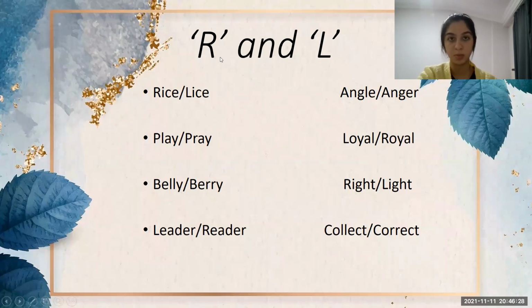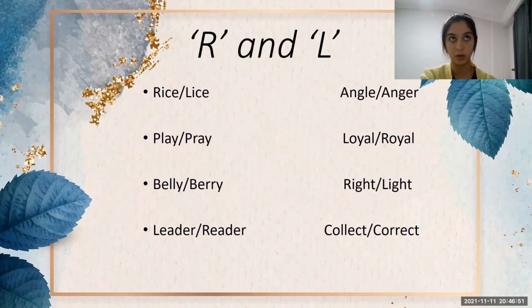For some non-native speakers, it is hard to differentiate R and L. For example, Japanese people find it very hard to differentiate these two letters because in Japanese, R is not the same as R in English or L in English.